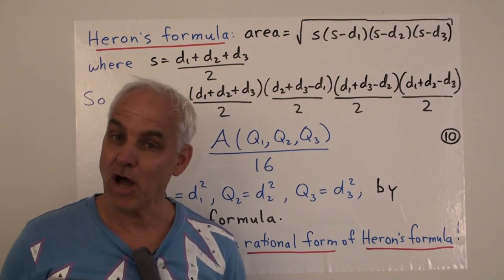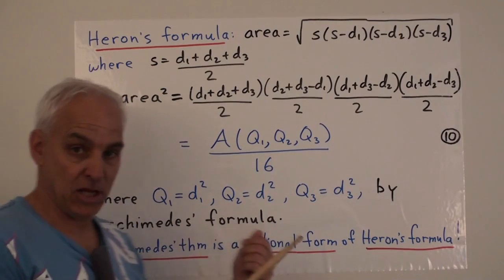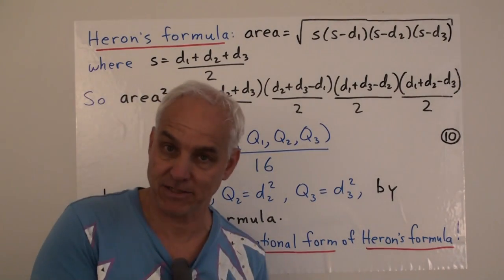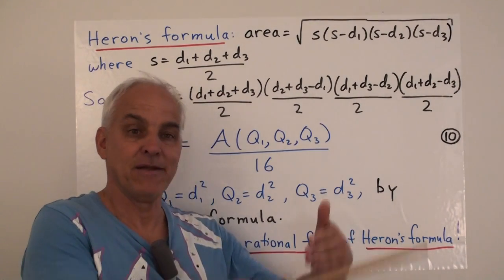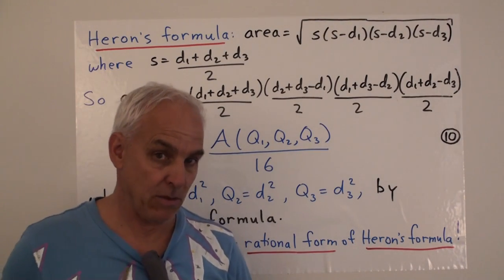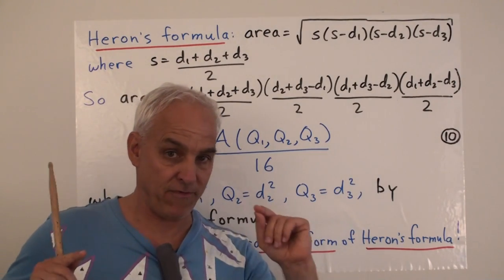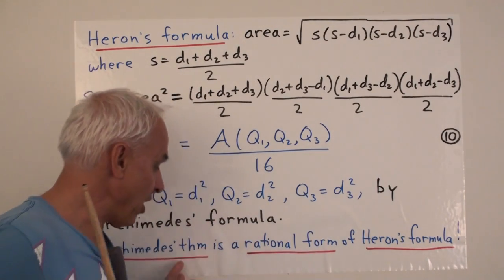Now this is, in my view, not an adequate proof of Archimedes' theorem, because I don't accept the validity of Heron's formula in the first place, because I don't believe in those irrationalities upon which it depends. So ultimately, we're going to have a separate, completely rational proof of Archimedes' theorem.